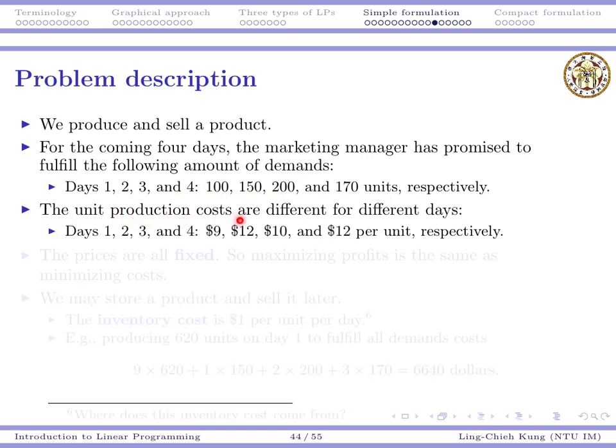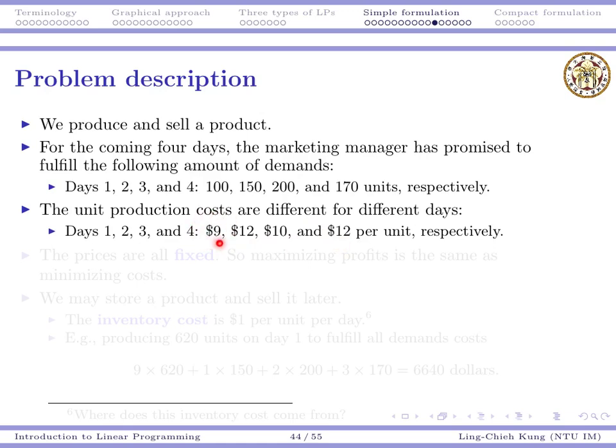The unit production costs are different for different days. Okay, today is the cheapest, and tomorrow is the most expensive. For all the 4 days, the unit production costs are $9, $12, $10, and $12. So you have a strong incentive to make production today, right?